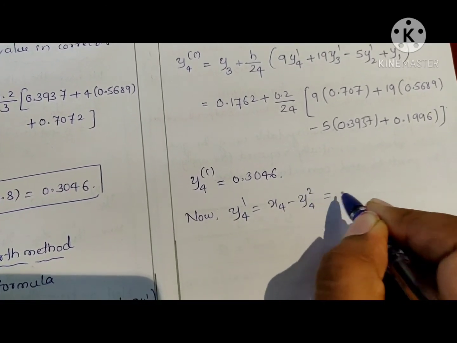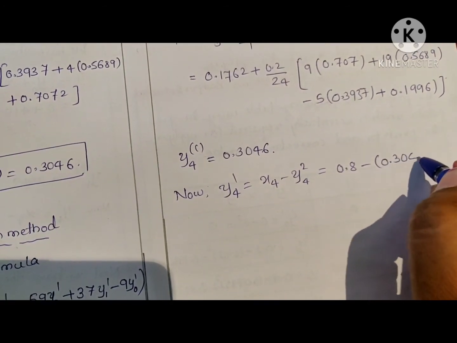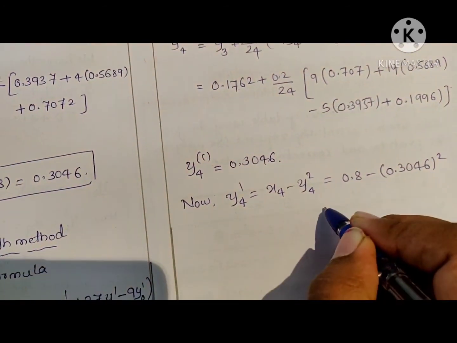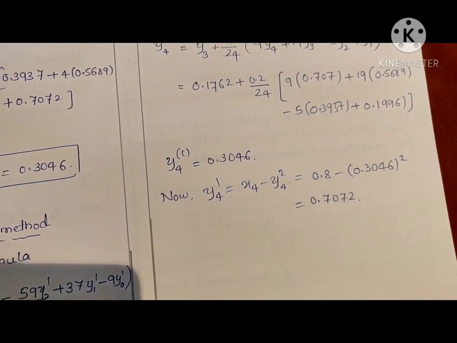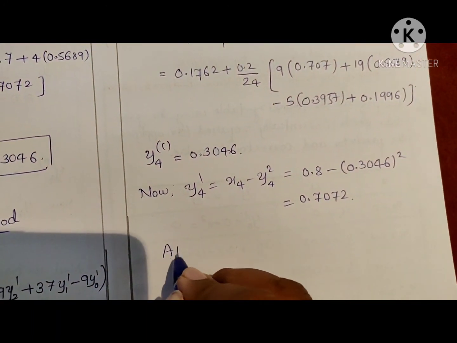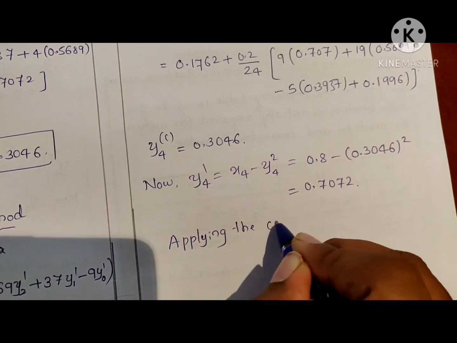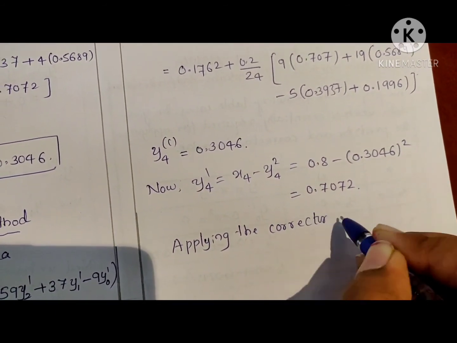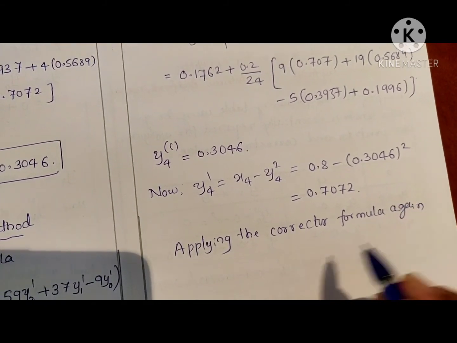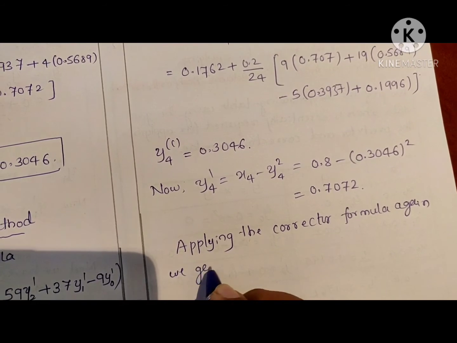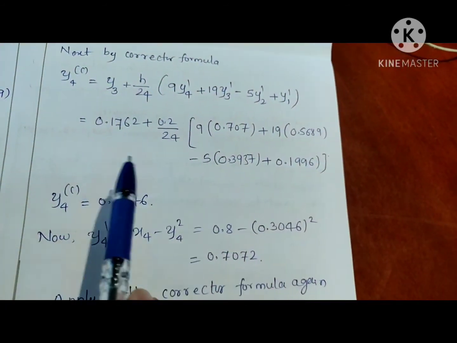Since we have to use the corrector formula twice, we need to find y4 dash twice. x4 minus y4 square, it is 0.8 minus 0.3046 whole square. This is equal to 0.7072. Applying the corrector formula again, we get the same as in Milne's method. All the values here will be the same.